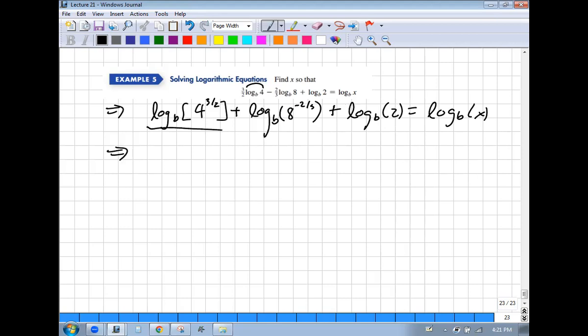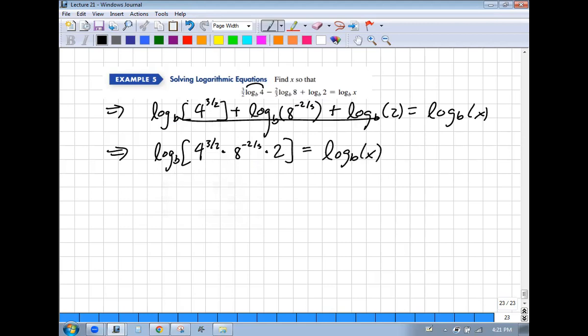So if you have the same base, you could just multiply these together now. You have this times this times this, all in just one log. Okay, so I turned these 3 logs into a single log.